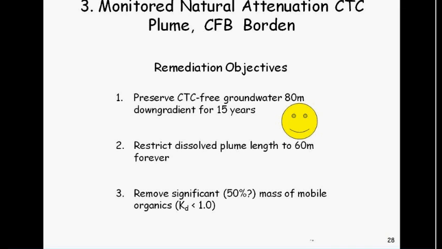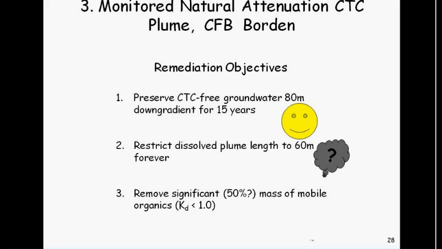Are we confident we're going to restrict the dissolved plume lengths to 60 meters forever? For most of those plumes, they're either shrinking or stable, but a few are still growing. Well, if you were skeptical, as you should be, I think you'd be saying, no, I'm not yet confident. You'd probably ask me to continue to monitor.